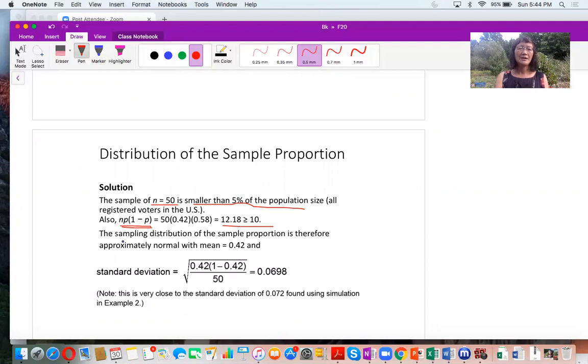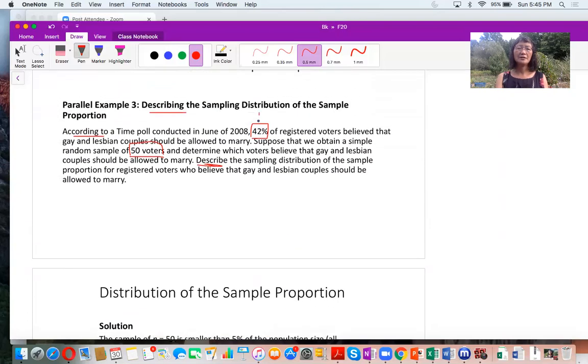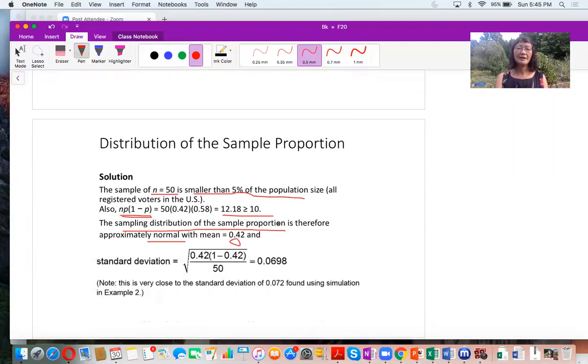So that's why the sampling distribution of sample proportion is normally distributed with mean equal to the population proportion 0.42. How do you know? Here, the population proportion is 0.42. And for the standard deviation, you use the formula: the square root of p times 1 minus p divided by sample size n, and you get this.